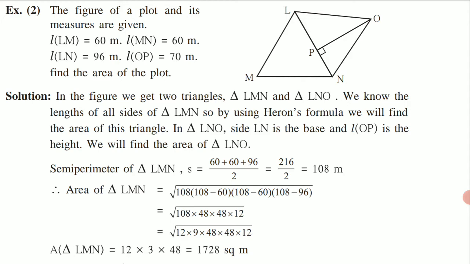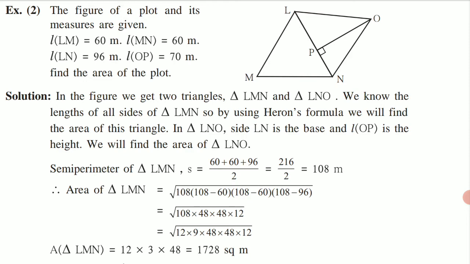We know the lengths of all the sides of triangle LMN, so by using Heron's formula we will find its area. In triangle LNO, side LN is the base and length OP is the height. We will find the area of triangle LNO.